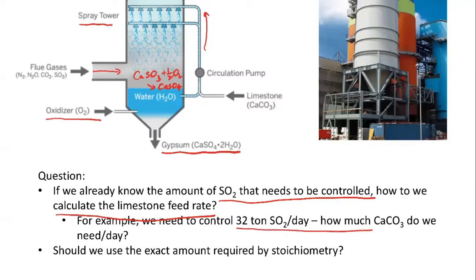We briefly introduced that in our last class, but let's do a quick calculation here. So I'll launch a quiz. If we know that we need to control 32 tons of sulfur dioxide per day, then how much calcium carbonate do we need to feed?